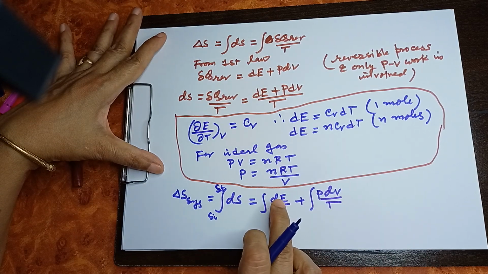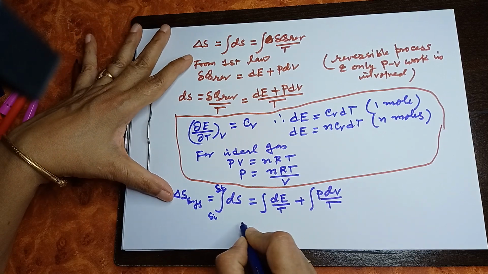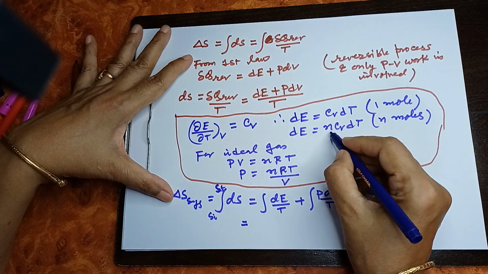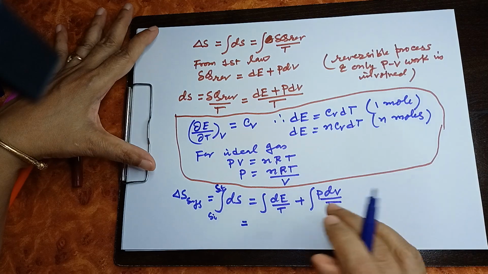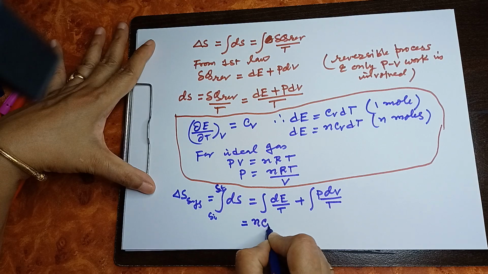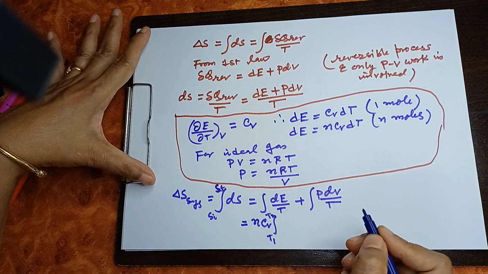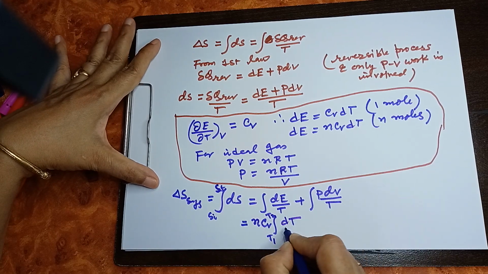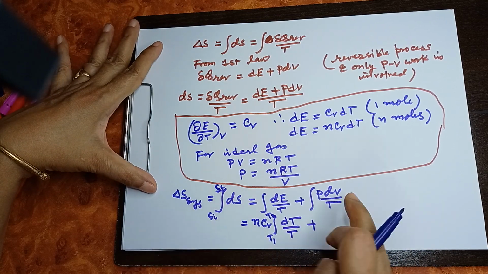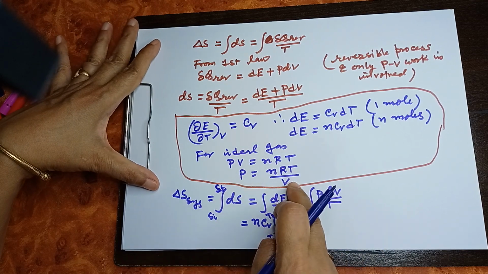Now we'll replace dE by this equation, that is dE is equal to nCv dT. n is constant, considering Cv is constant within the temperature range. So what we can write? nCv, temperature range T1 to T2, then dT by T, plus, this is dV, that's why I have converted pressure in terms of volume.